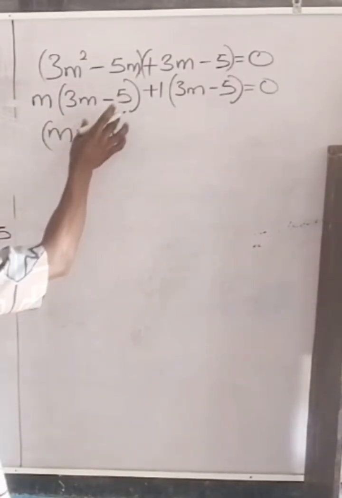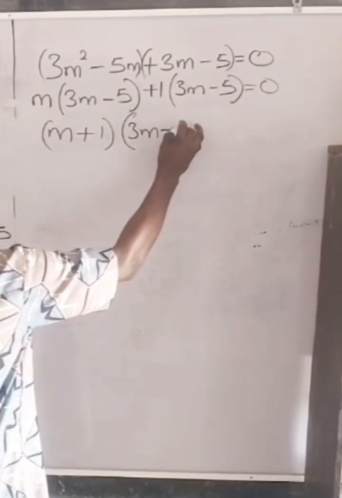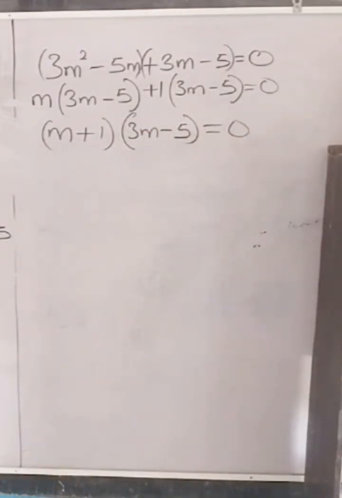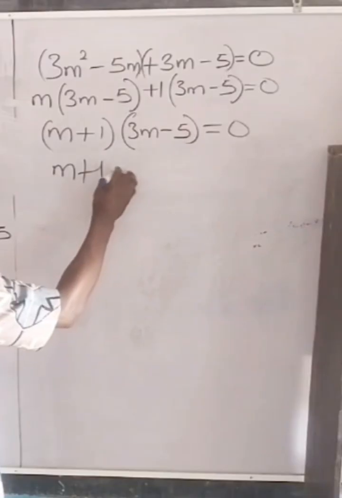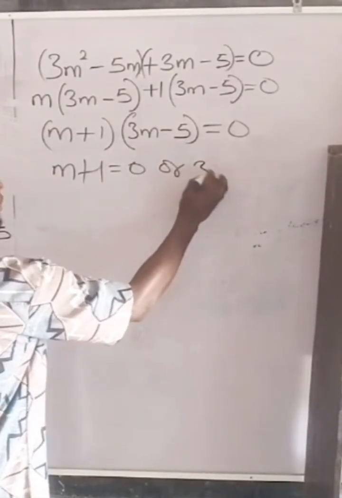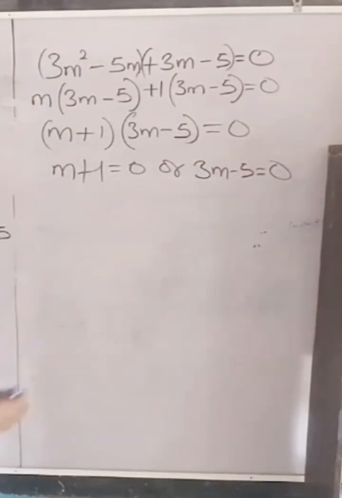You put them together and you pick one of the brackets, which is 3m - 5 = 0. Now this is still the same thing as m + 1 = 0, or 3m - 5 = 0.